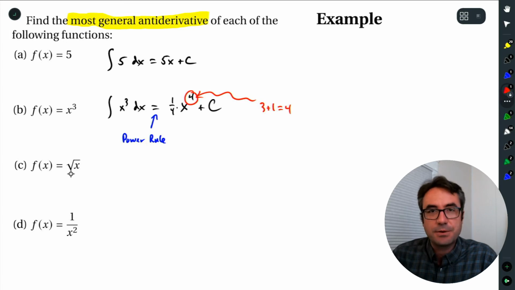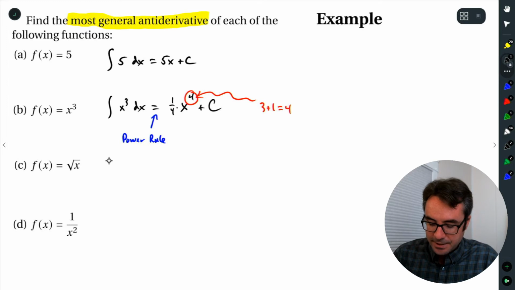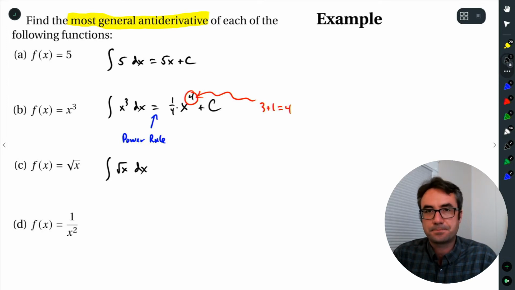We want to find the most general antiderivative for the square root function. So really what this is saying is calculate the indefinite integral of square root x. For these last two, we're going to use a lot of similar strategies that we would use for derivatives. If we wanted to differentiate square root x, what would we do? We would rewrite this first. And we're going to do the same thing here.